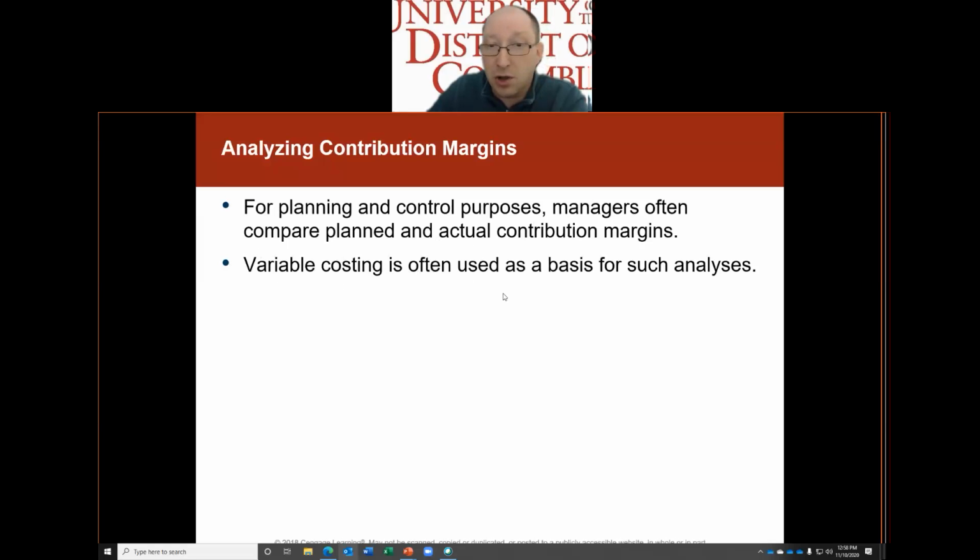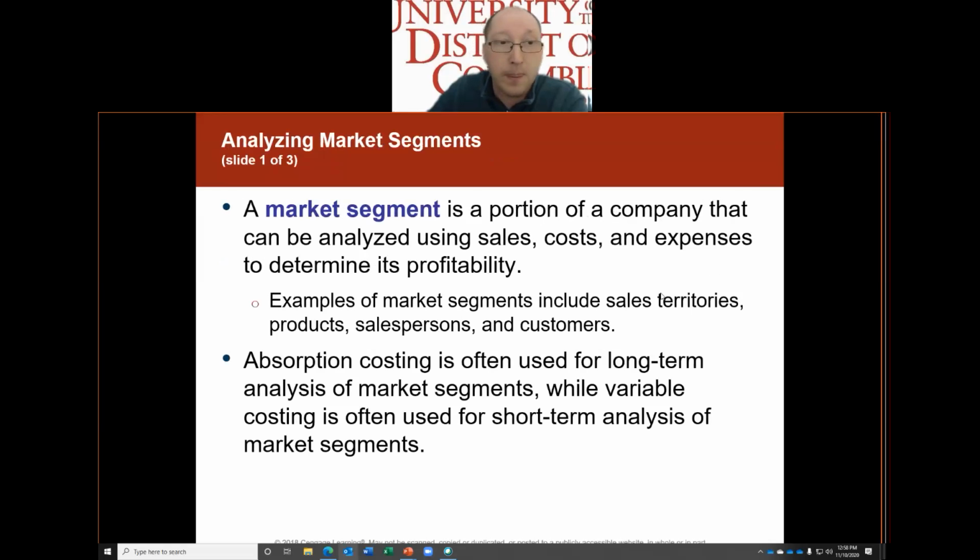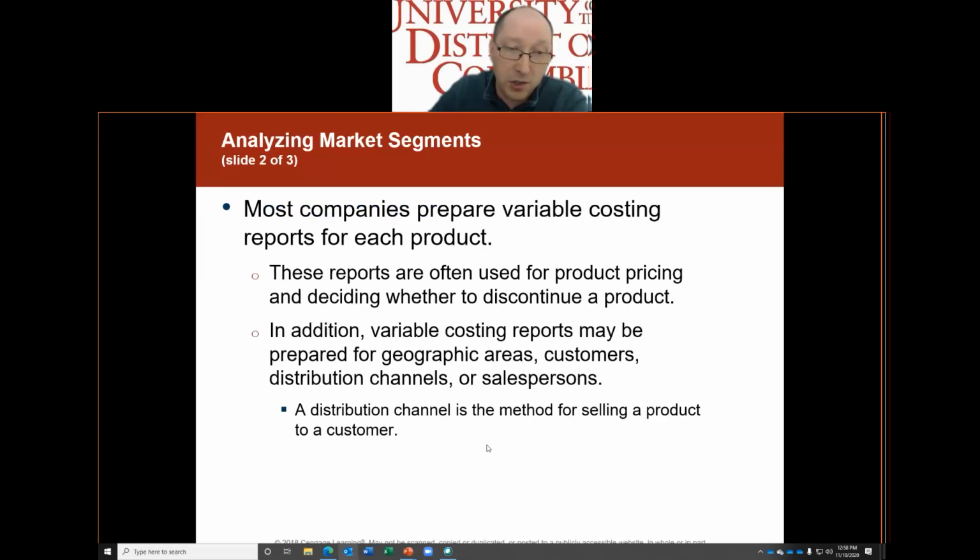Variable costing is often used for this basis. What about market segment? A market segment is a portion of the company that can be analyzed using sales, costs, and expenses to determine profitability. Examples of market segments include territories, products, salespeople, and customers. Absorption costing is most used in the long term, and short term is usually variable costing.